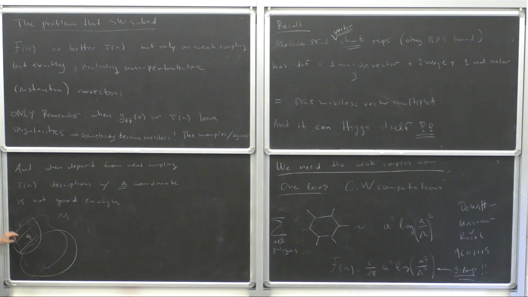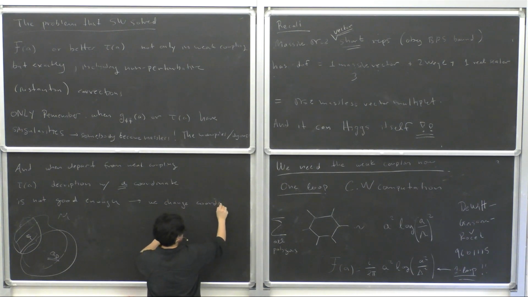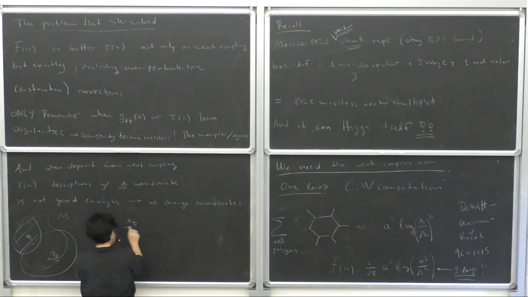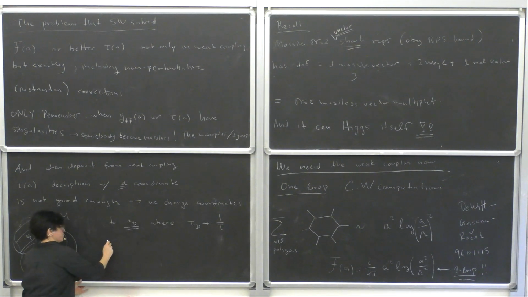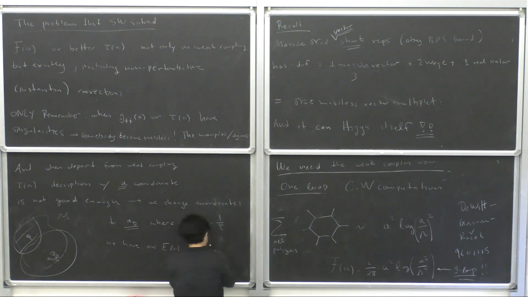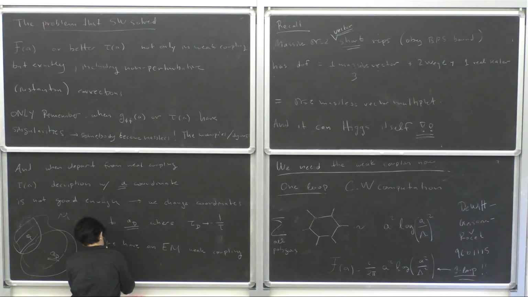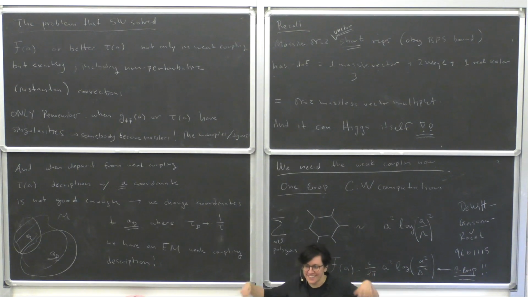But here, no. And this is what electromagnetic duality will do for us: there will be another set of coordinates, the dual coordinates, where the weak coupling is for the monopoles or for the dions. And here we will use these coordinates. Is the logic clear? So this is what is going to happen.